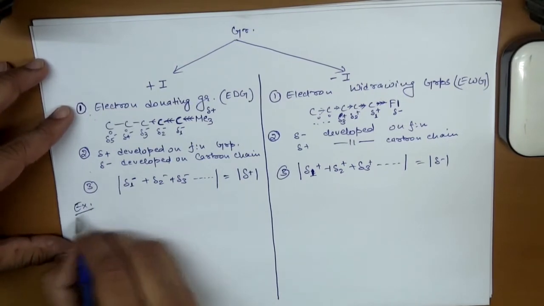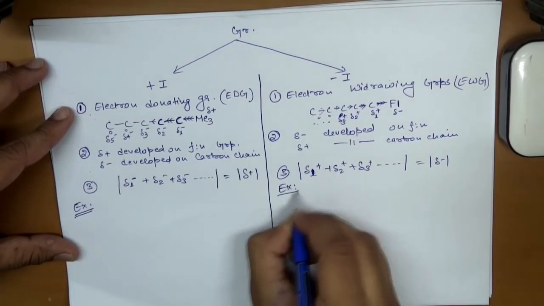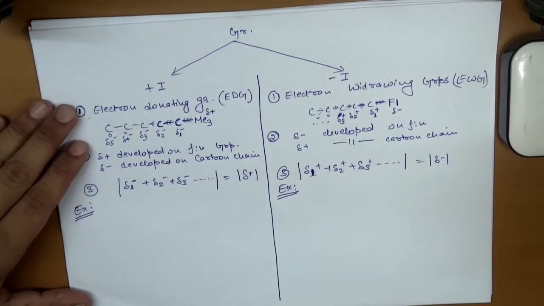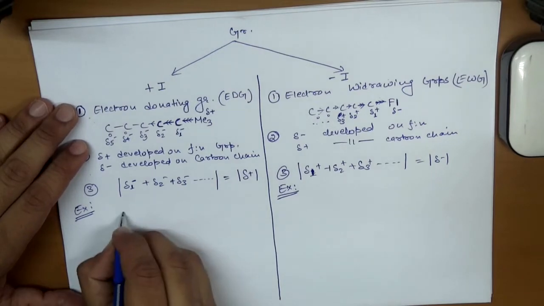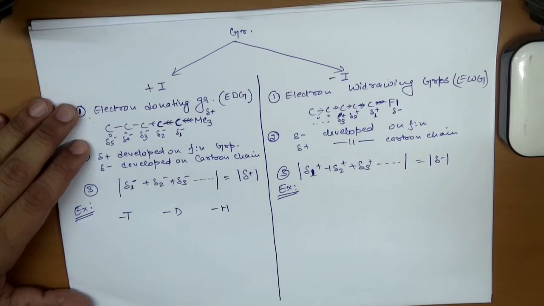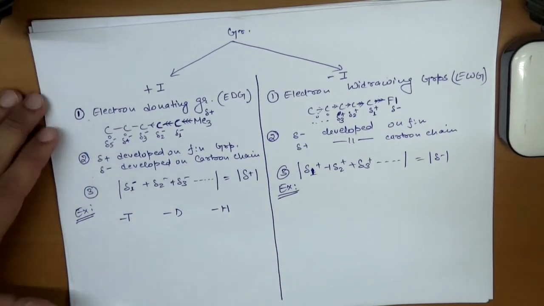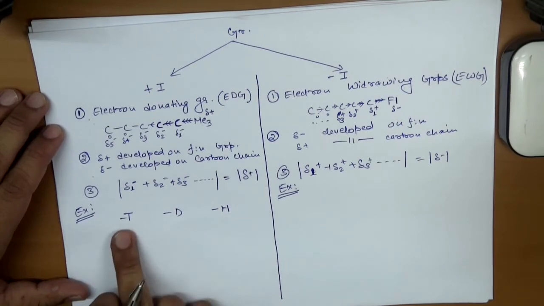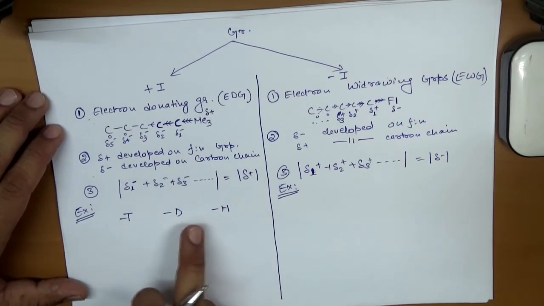Now let us talk about examples of groups which show the effects of EWG or EDG. The first is tritium, deuterium and hydrogen, and you must be eager to know how we would place them on a scale, whose effect is better than whom.